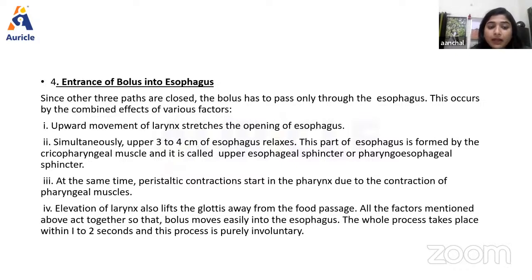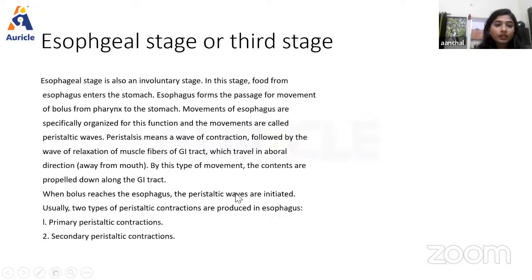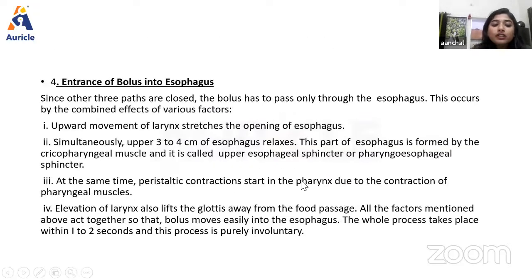At the same time, peristaltic contractions start in the pharynx due to contraction of the pharyngeal muscles. Also, the elevation of the larynx lifts the glottis away from the food passage. All the factors mentioned in the slide are also responsible for movement of food from the pharynx into the esophagus.